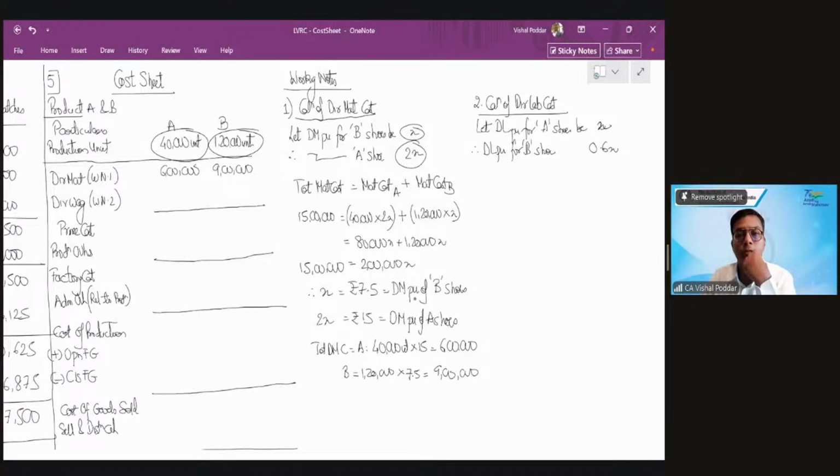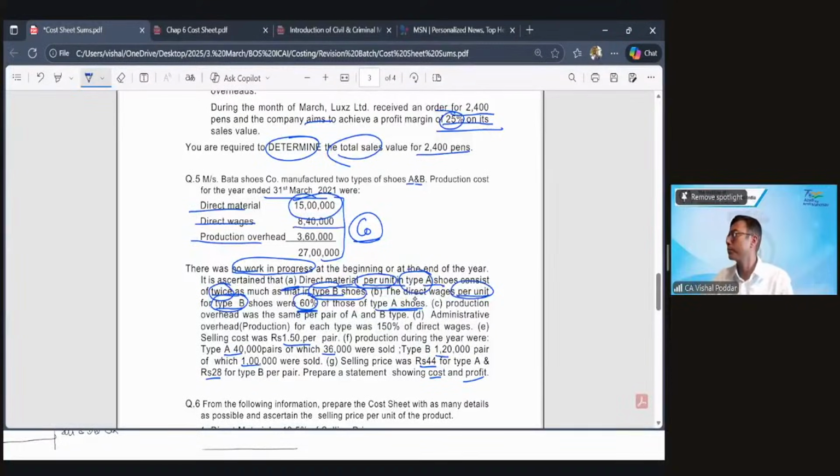Correct? Now total labor cost is equal to labor cost of A plus labor cost of B, correct? How much is total labor cost, students? 840.